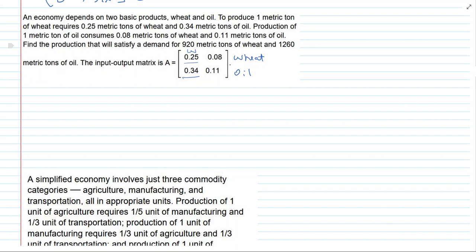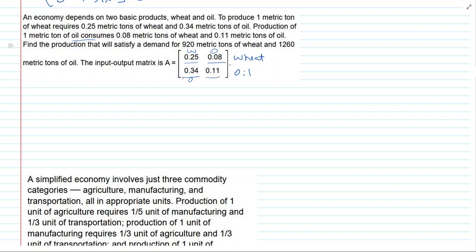Okay, and the production of 1 metric ton of oil is 8 hundredths wheat and 11 hundredths oil.